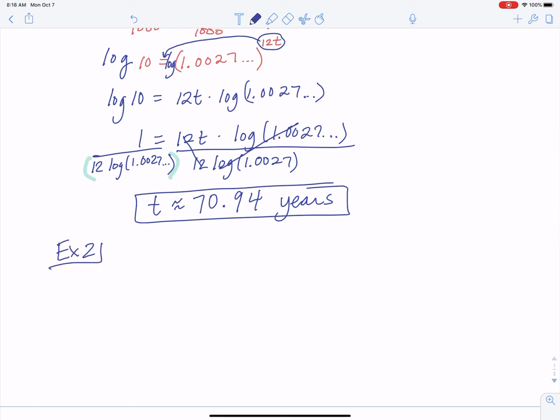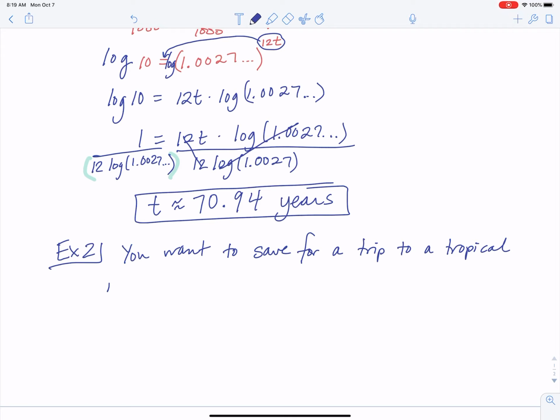All right, example 2. Let's see, you want to save for a trip to a tropical island. I don't know, I'm not being very creative today.